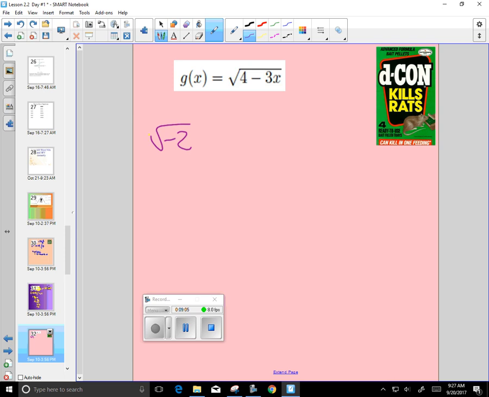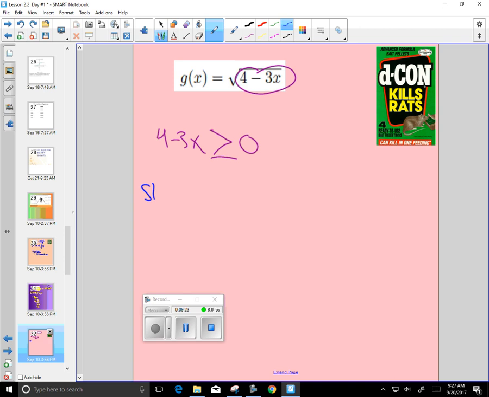So if you can't take the square root of a negative number, then anything inside the square root needs to be what? If it can't be negative, it has to be greater than 0, or equal to 0. That'll work too. Okay?